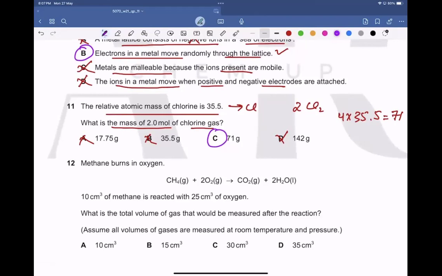Electrons are freely moving in the lattice, remember. That's why metals conduct electricity. And ions do not move in the metal lattice. Ions neither move in an ionic lattice. Ions only move when the ionic lattice turns molten or aqueous. Okay? Yeah, electrons are always moving.